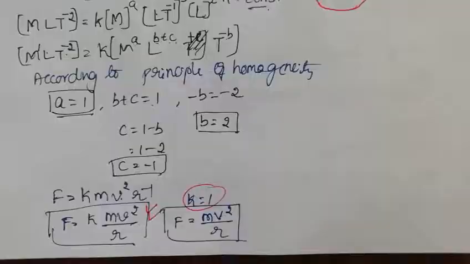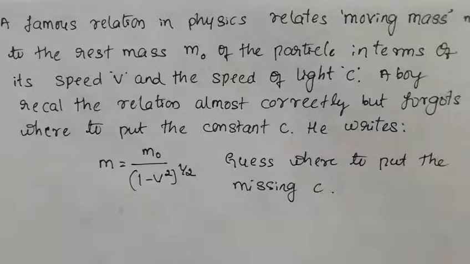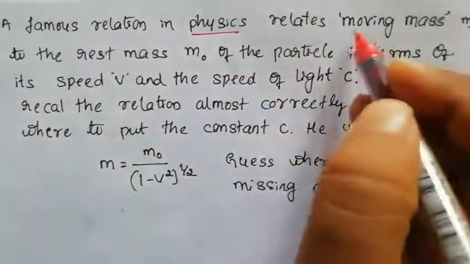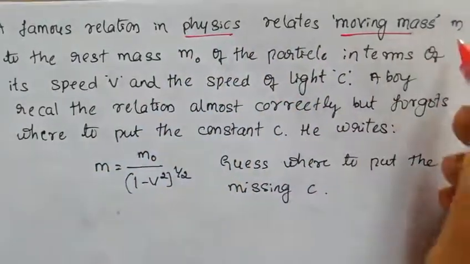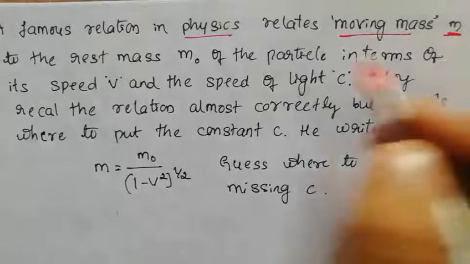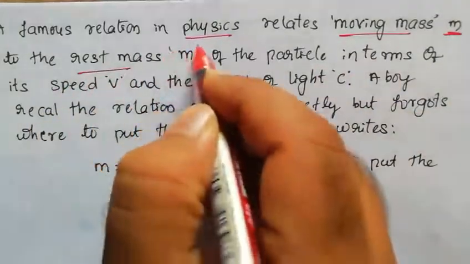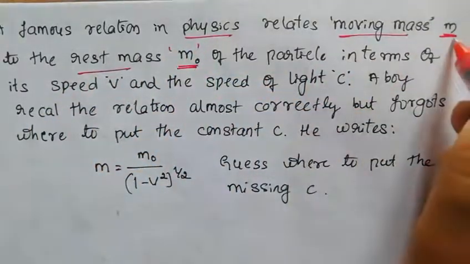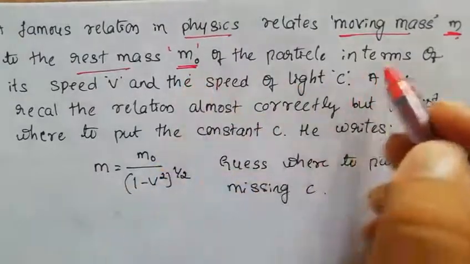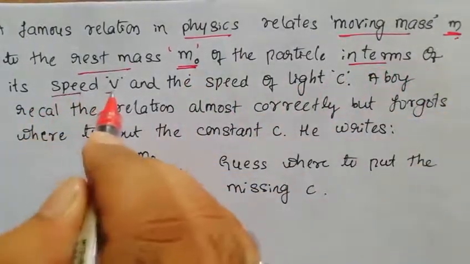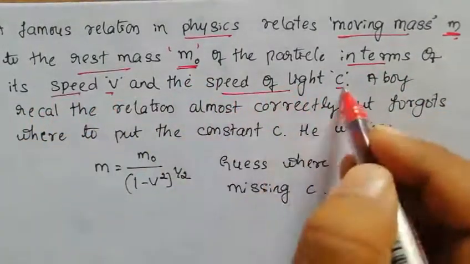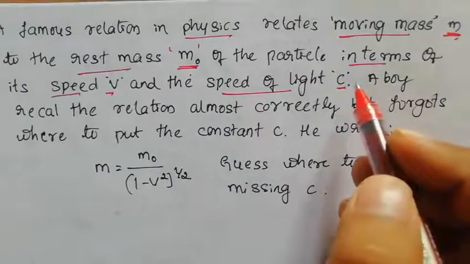Okay, have a look at the question now. There is a famous relation in physics which relates the moving mass M to the rest mass M naught. M is the moving mass, M naught is the rest mass of a particle, in terms of speed v and speed of light c. That is a famous relation.